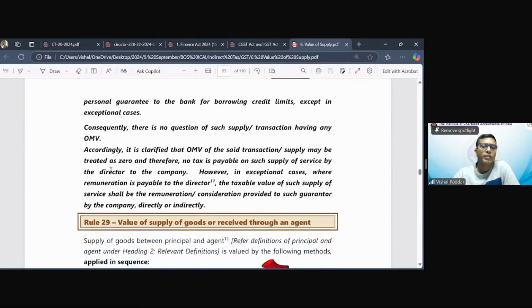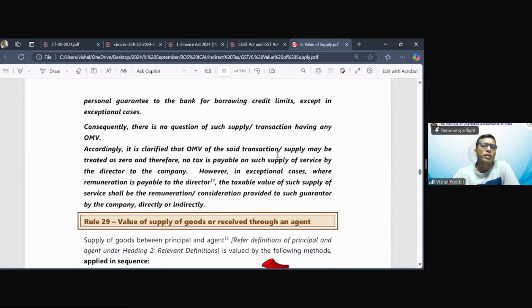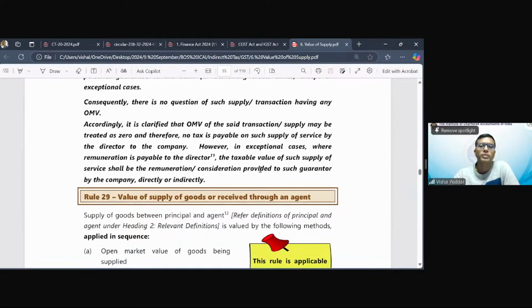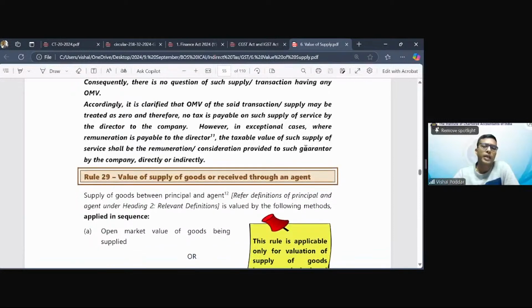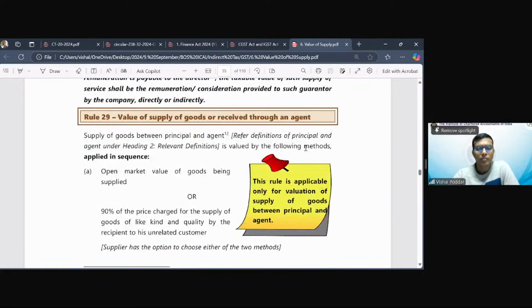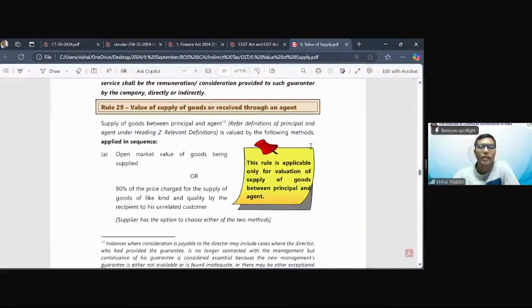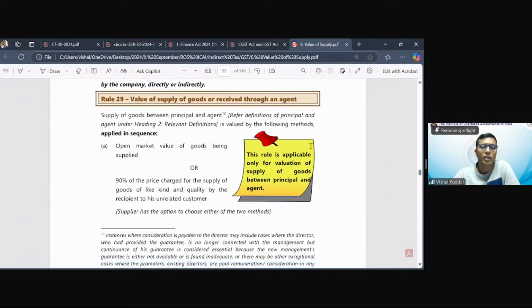So that is why they are saying that in this case, the open market value of the said transaction may be treated as zero and therefore no tax is payable on such supply of service by the director. However, in exceptional circumstances where the remuneration is payable to the director, the value of such supply of service shall be the remuneration consideration paid to such director by the company directly or indirectly. So see, this is how, interestingly, as per RBI mandate, for directors there is a different provision given.